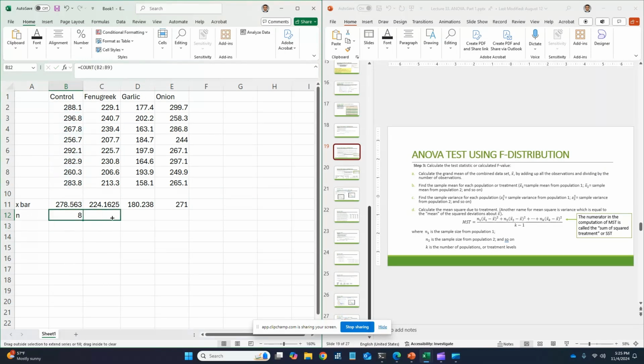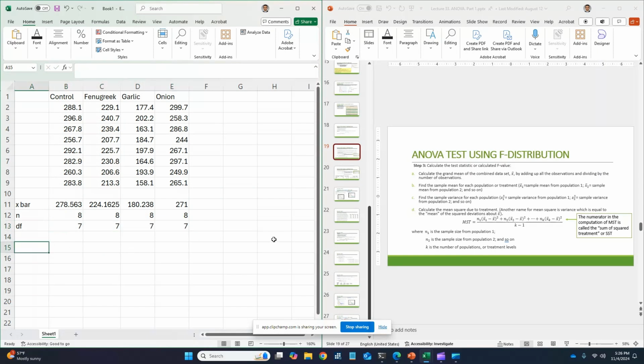So there are 8 observations in each of these samples. And while we're here, let's also calculate the degrees of freedom. Since we are going to use the X bar, we lose 1 degree of freedom. So our degrees of freedom is essentially 8 minus 1 for each of these samples.